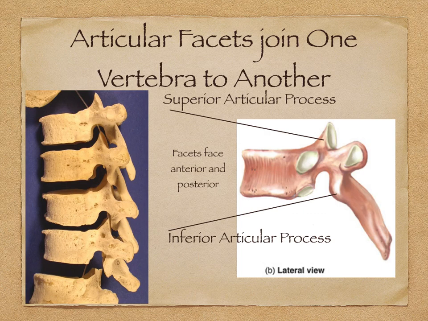So, one of the ways that you can distinguish some of the vertebrae from one another, like the picture you're seeing here, is a thoracic vertebra. It has facets that are facing anterior and posterior. The lumbar vertebra had facets that were facing medial and lateral.